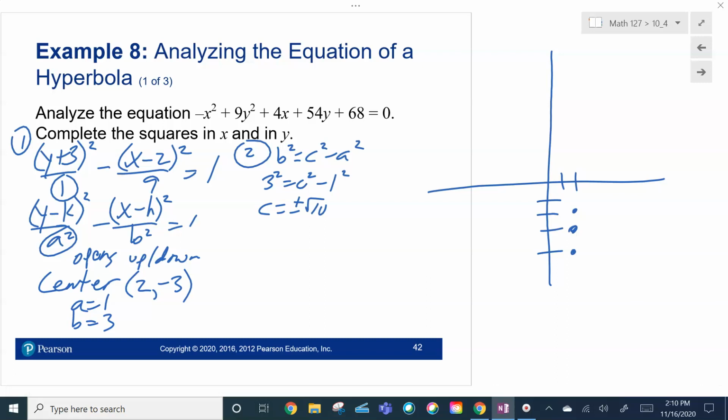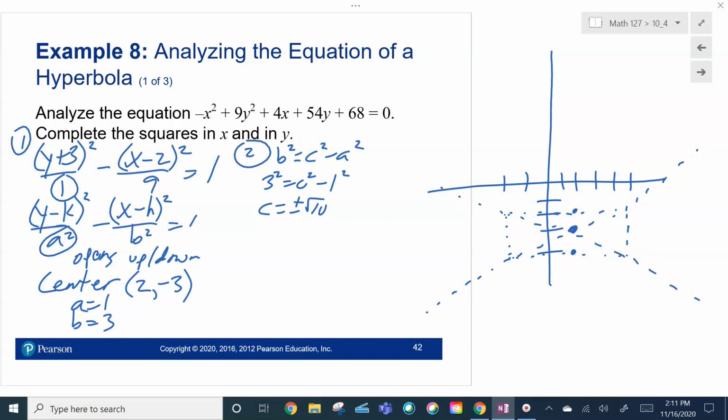For my asymptotes, I'm going right 3, up 1, left 3, down 1, left 3, down 1, right 3. So here's the imaginary rectangle, which we're going to draw the asymptotes through.